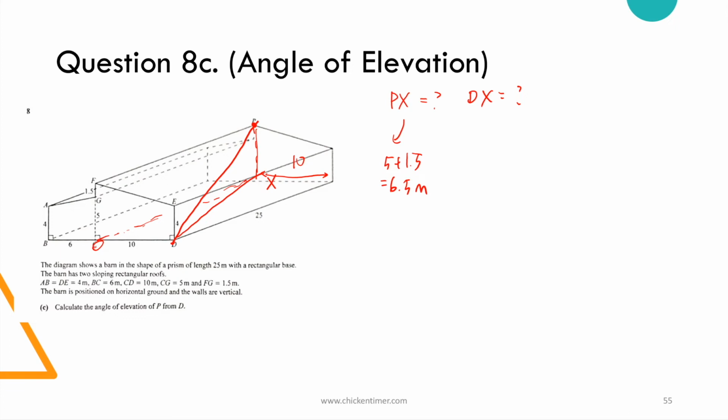Then DX here is actually like this. X is here and then D is here, so you have 25 and 10 here. So to find DX, you use Pythagoras theorem, which is DX squared equals 10 squared plus 25 squared.